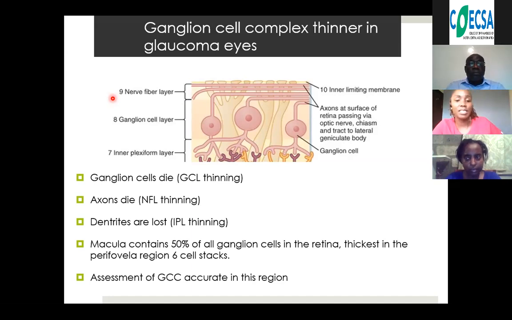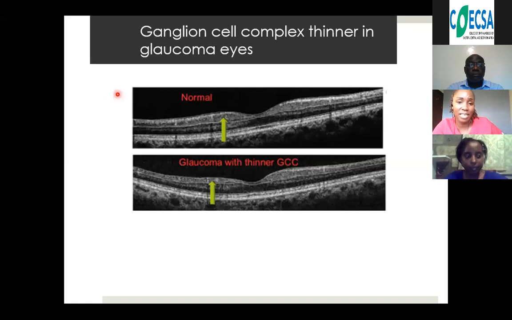So when you assess the ganglion cell complex at this parafoveal region, if the ganglion cells start dying off as a result of glaucoma, you're going to be able to measure it a bit more accurately in that area.